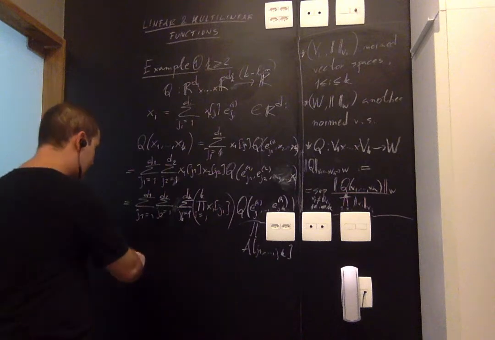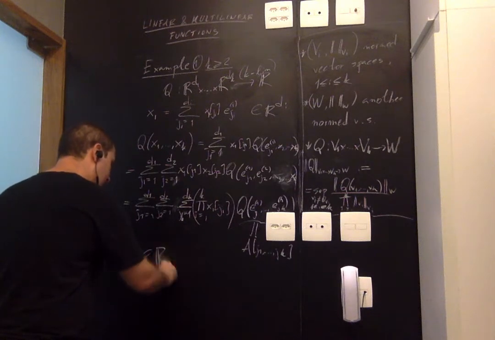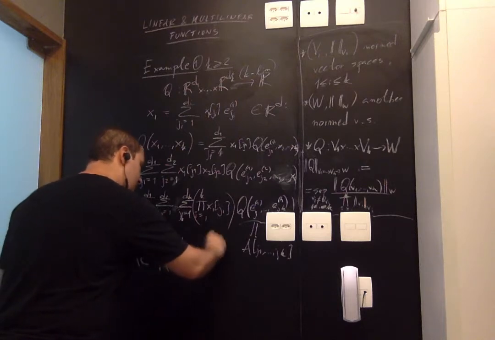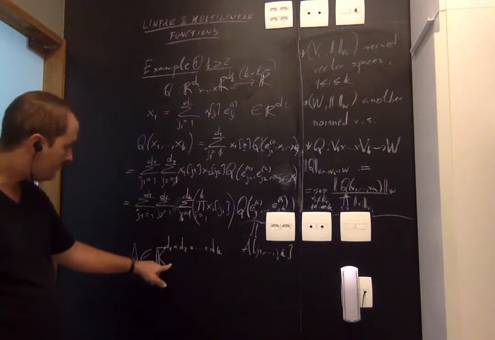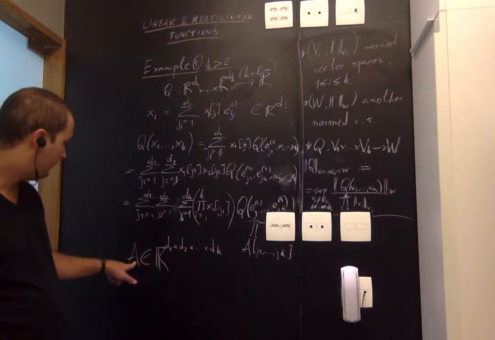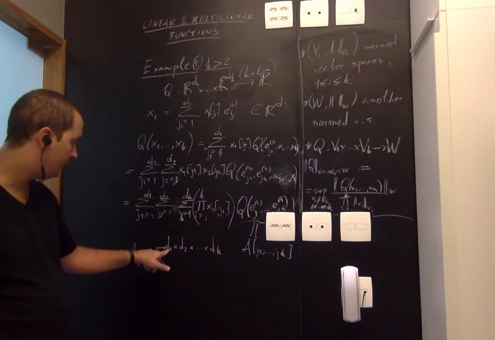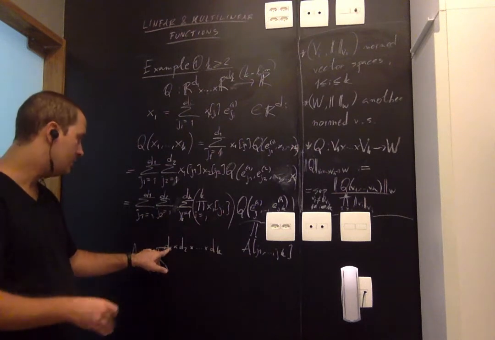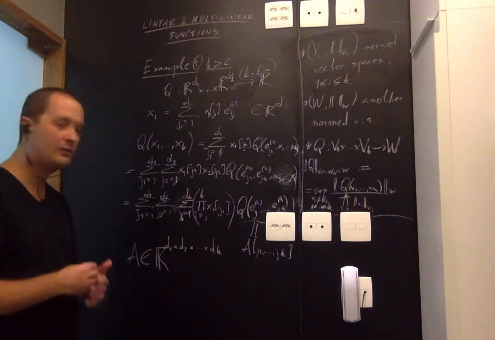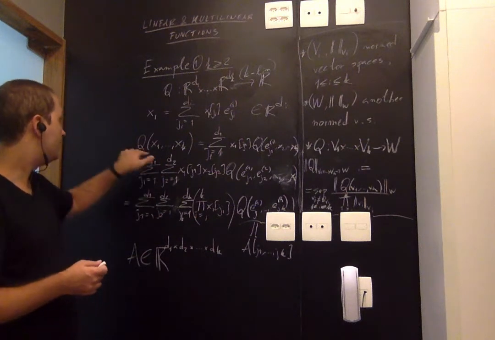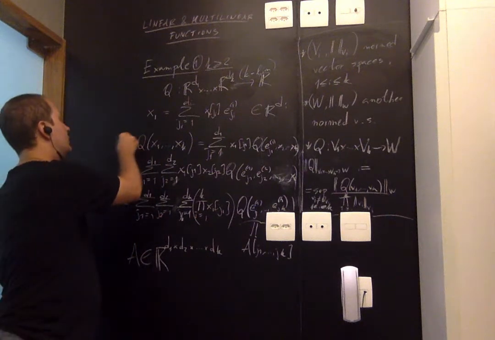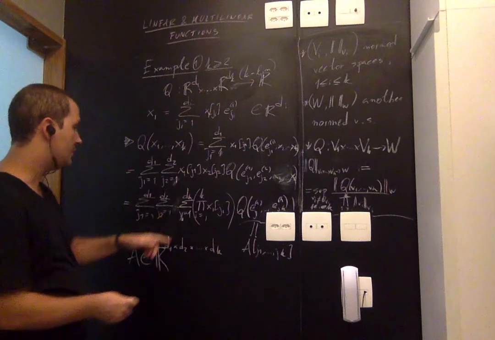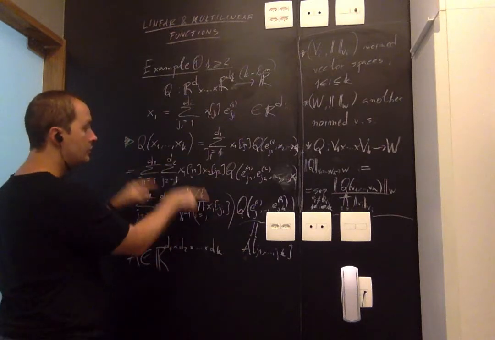You could say it's an element of R^{d_1 x d_2 x ... x d_k}, the space of all k-dimensional tables of real numbers, with d_1 rows in this direction, d_2 rows in this direction, and so forth. Any k-linear Q corresponds to such an object, and it's easy to go the other way: if I give you the array A, you can define Q via this formula.